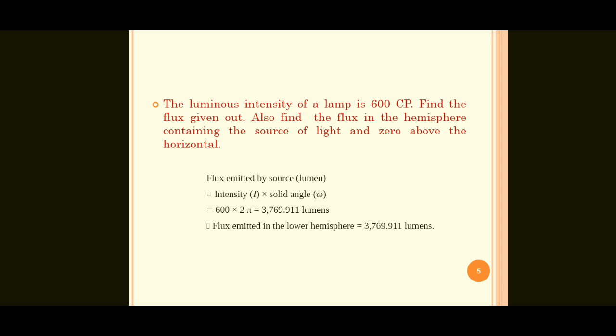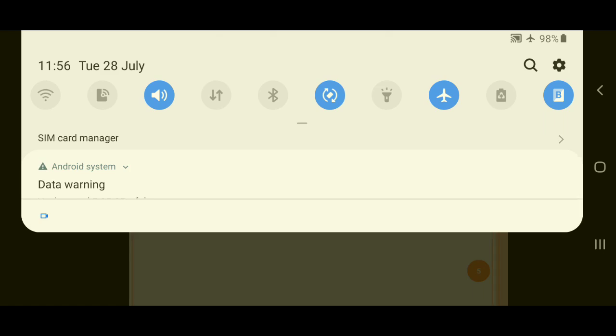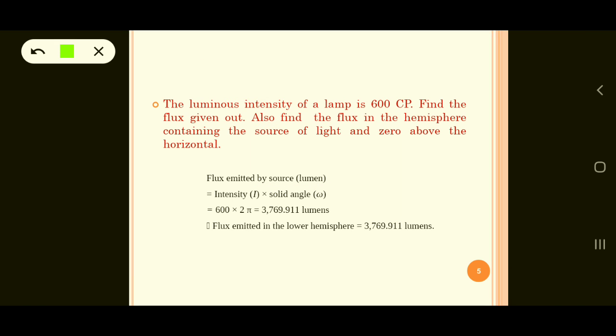So we have to write down the standard equation. Intensity is equal to flux per solid angle, and here the solid angle is 2 pi. So we substitute in this equation. The flux emitted by the source is equal to intensity into solid angle omega, by cross multiplication.